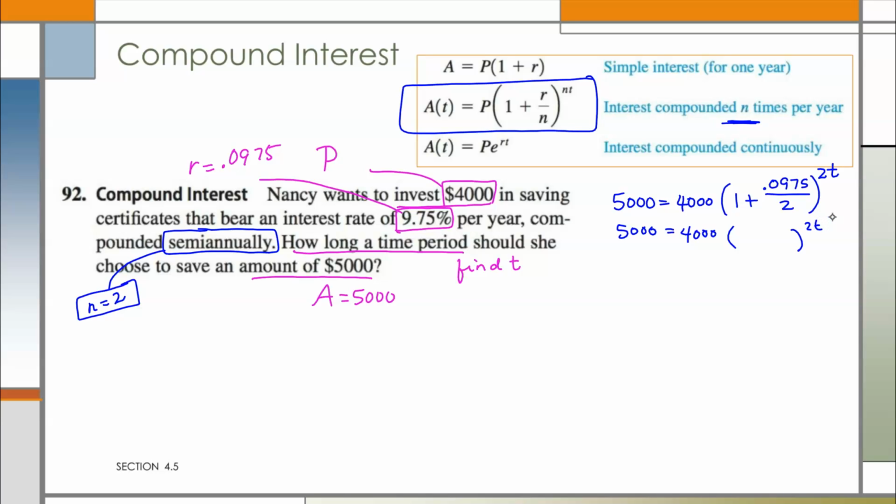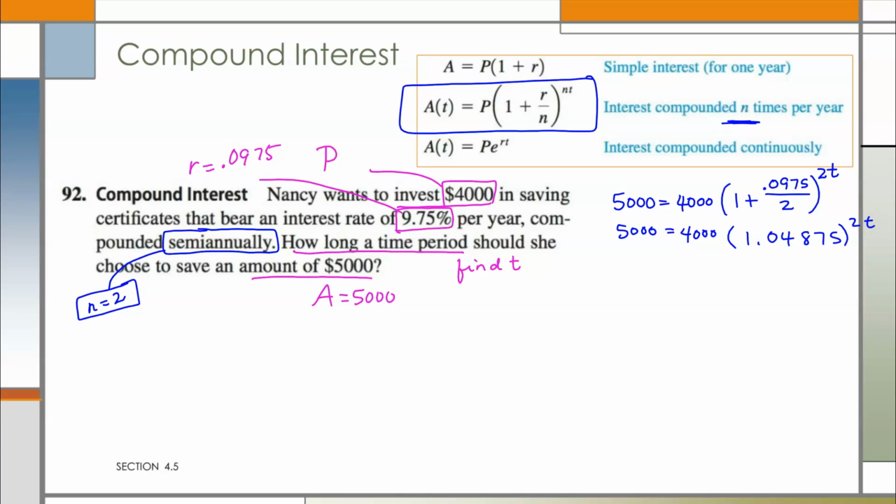Let's go ahead and get a decimal for that. 1 plus 0.0975 divided by 2 gives us a decimal of 1.04875. Okay, how do we solve an exponential equation?